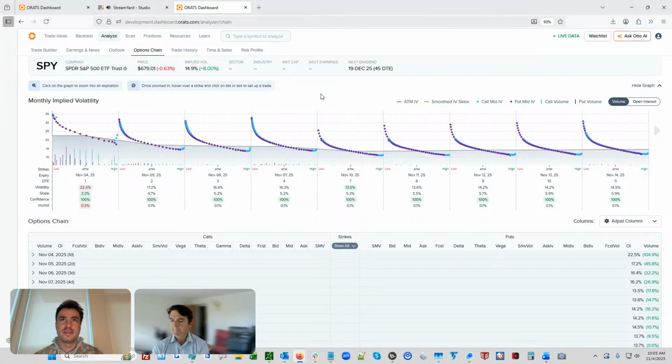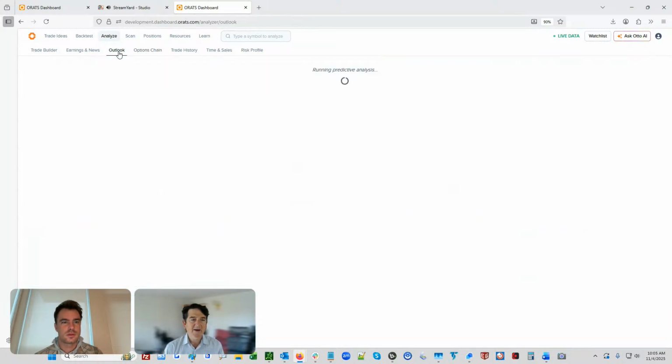So it's the contango versus backwardation, looking at the term structure, and then there's the put call skew by strike within each expiration. Okay. Yeah, I was assuming one expiration per week, but in the case of SPY, it's not always like that.